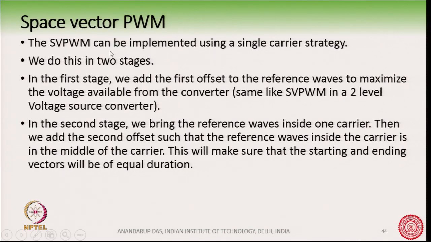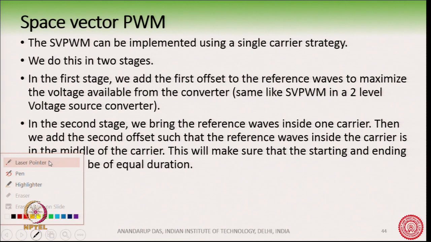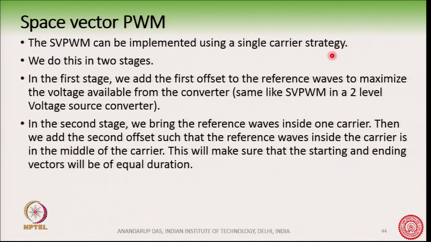So, in space vector PWM using a single carrier strategy, we will do it in 2 stages. In the first stage, we add the first offset, and in the second stage, we add the second offset. So, how much will be the offset? This offset is basically exactly like the conventional space vector PWM for a 2-level VSI using carriers.